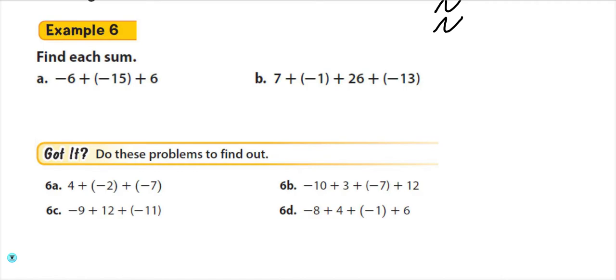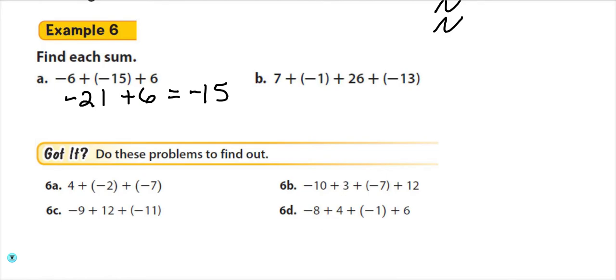We add those together, so that's negative 21, and then plus 6. Now I have different signs. Same signs, add and keep, different signs, subtract. So 21 minus 6, which would give us 15. Keep the sign of the larger number. That's going to make it negative 15.